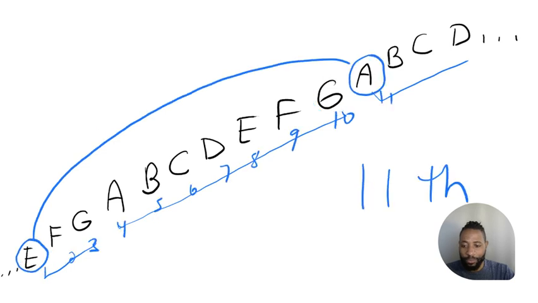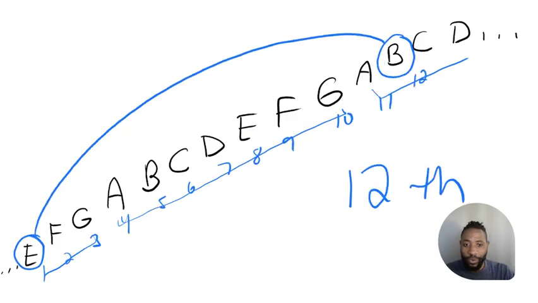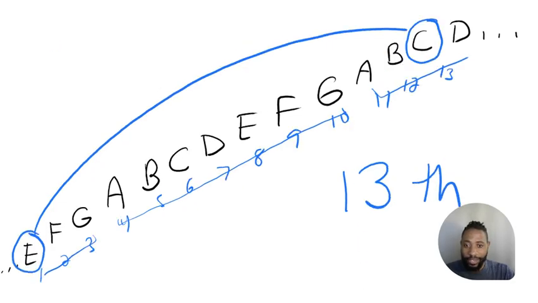Another example for you. Say we go from E to A. That would be an 11th. Or E to B would be a 12th. And E to C, way up here, would be a 13th.